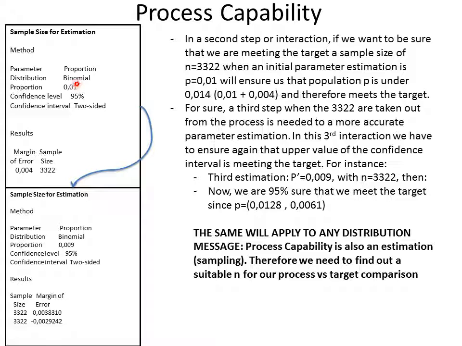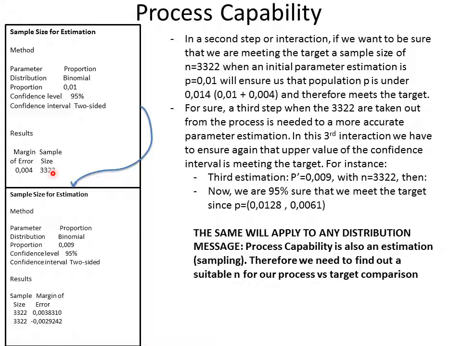So for a sample using this margin of error, this margin is calculated from 0.01 and our target that was, as you remember, 1.5%. So the margin that prevents us from not meeting customer expectations would be this one, 0.004.